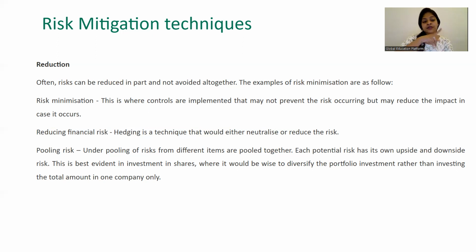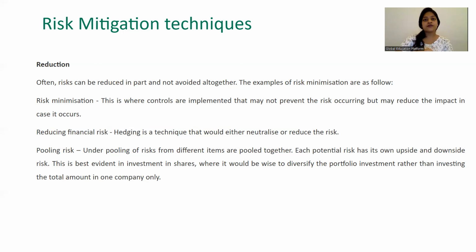Hedging is a technique. Then pooling risk. Under pooling of risk, risks from different items are pooled together, and each potential risk has its own upside and downside. This is best evident in investment in shares, where it would be wise to diversify the portfolio of investment rather than investing the total amount in one company only.